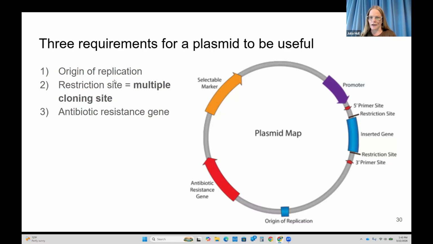The third thing that we have to have is an antibiotic resistance gene. And you're like, cool. Okay, why? The reason is because we want to use antibiotics to kill all the bacteria that did not pick up this plasmid into their cells. And we want only the bacteria that have this plasmid to survive.